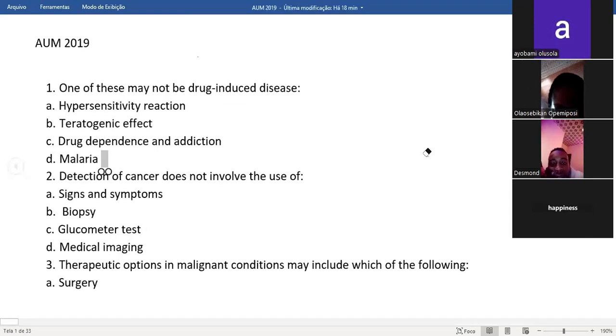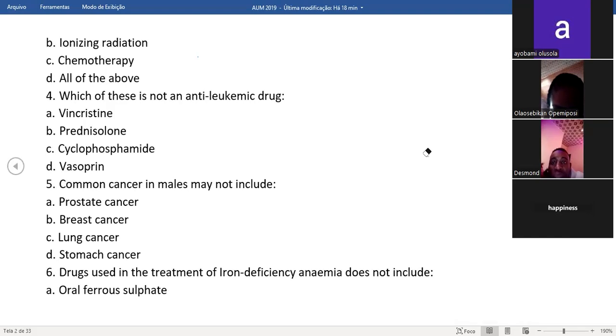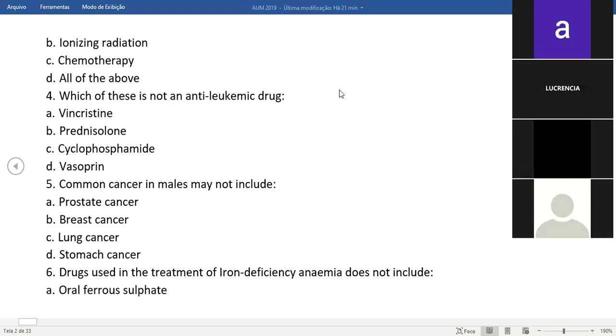Yeah, all of the above. What is a malignant condition? Like cancer. Yeah, cancer.